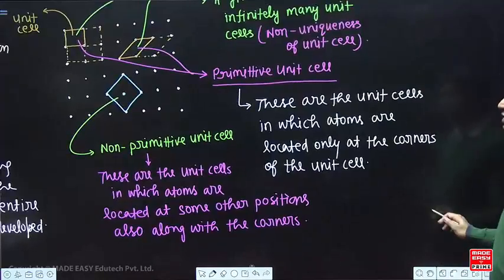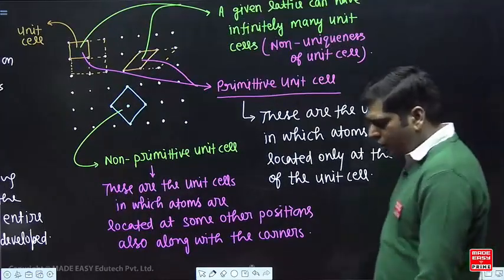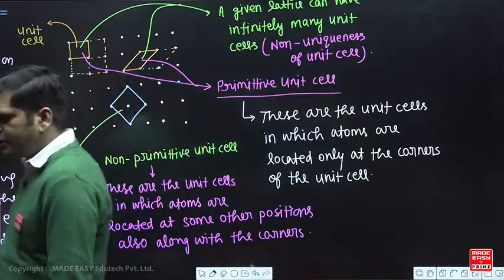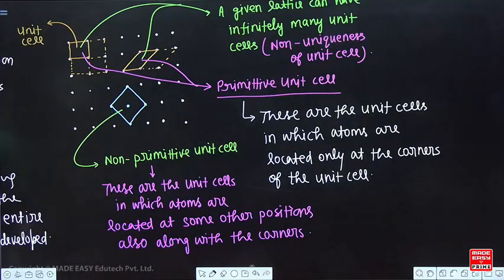So those unit cells in which atoms are located only at the corners of the unit cell, they are known as primitive, and if atoms are located at some other positions along with the corners, then they are known as non-primitive.